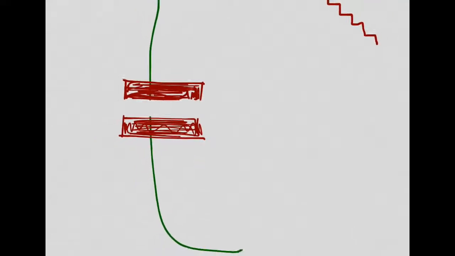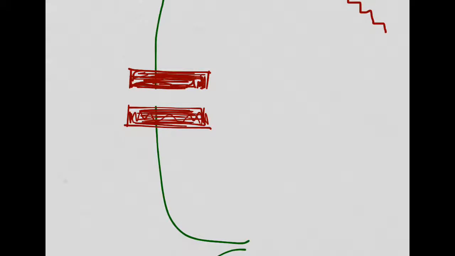A red channel protein. And you will see that this protein is very important. I'm not going to talk about it much today, but over the course of this unit, it will become increasingly clear why this enzyme is so important.